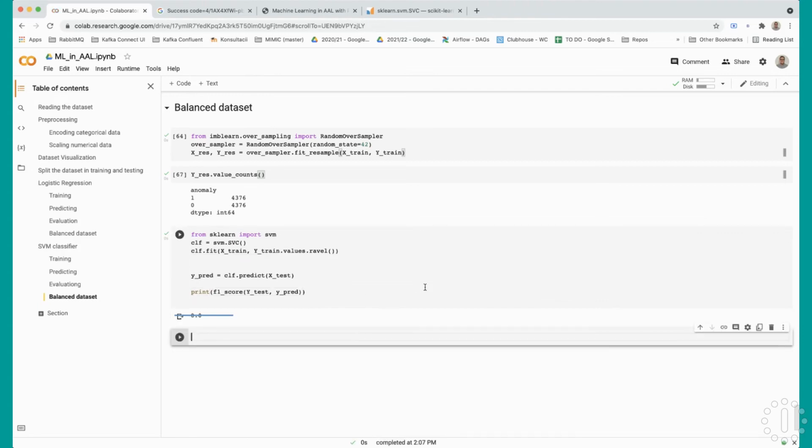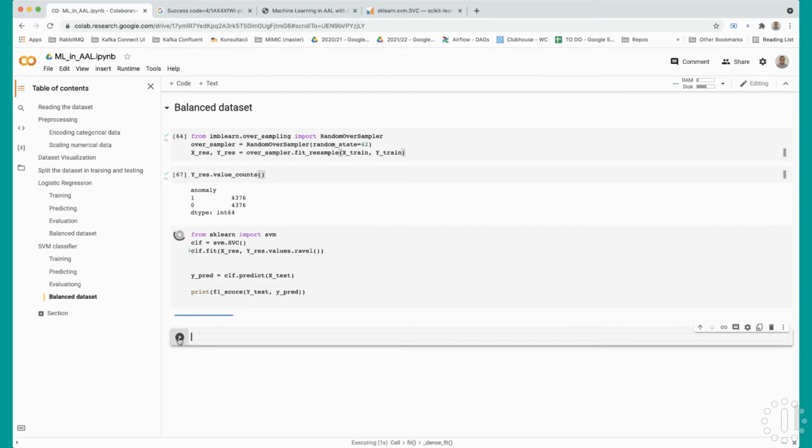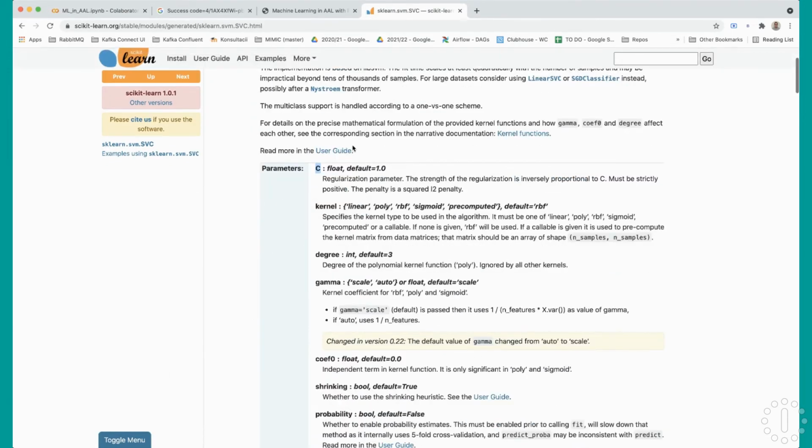Are we going to get something? Yeah, it's still 0. With the balancing of the data set, as we see, we got some improvement, 0.55.